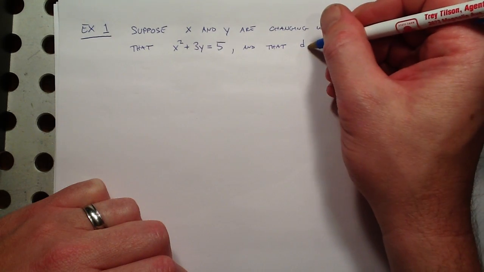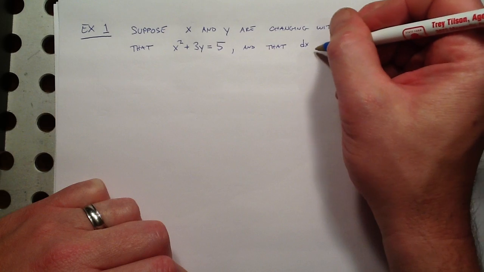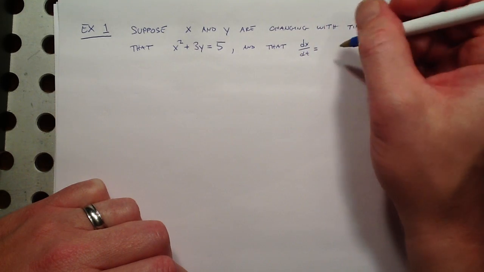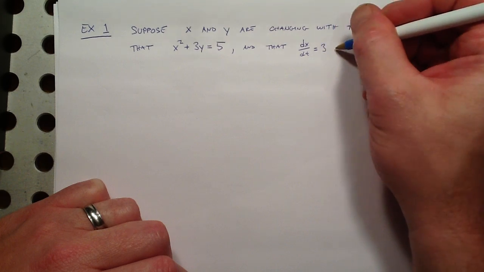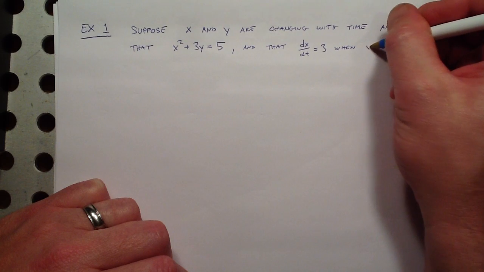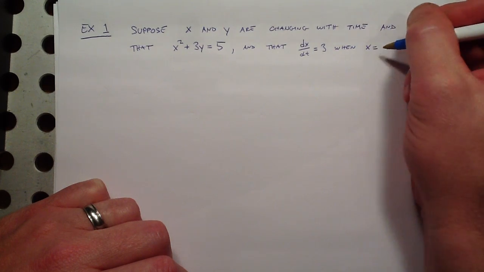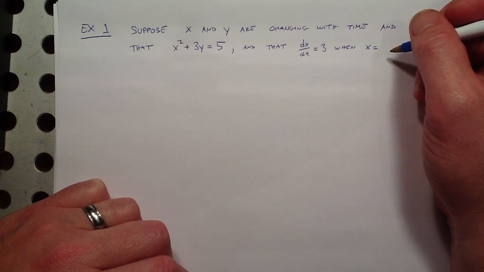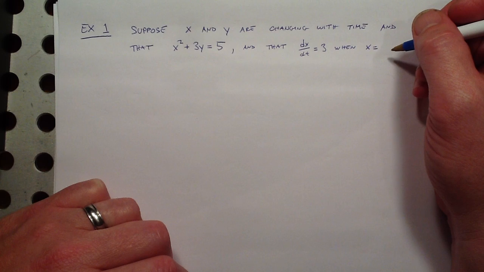And that dx/dt is equal to 3 when x is equal to, let me see if I can pick a value that will make things nice.